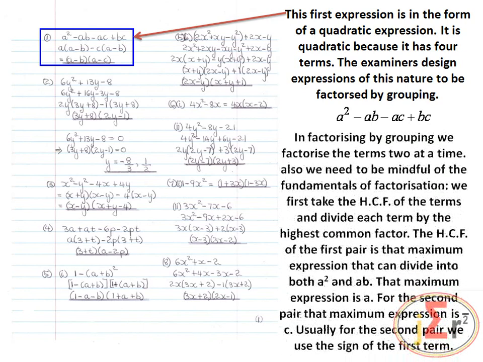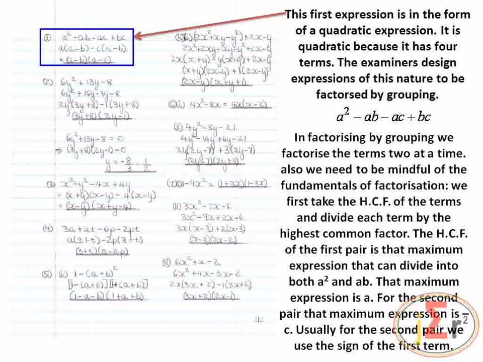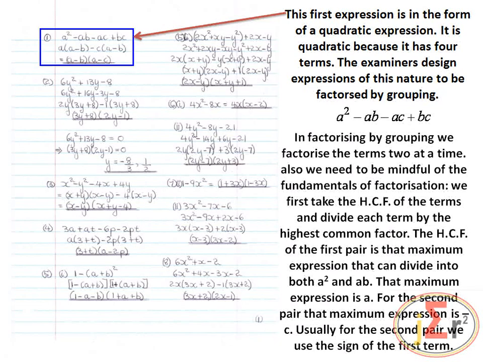In factorizing by grouping, we factorize the terms 2 at a time. Also, we need to be mindful of the fundamentals of factorization. The fundamental of factorization is we first take the highest common factor of the terms and divide each term by the highest common factor.